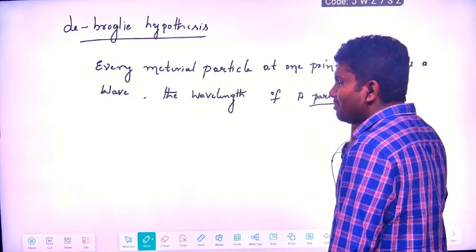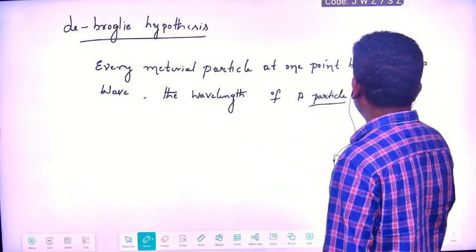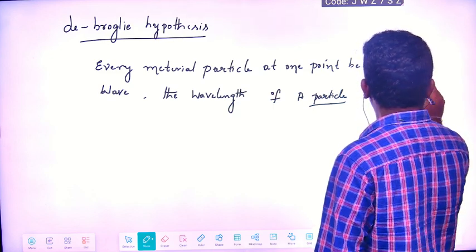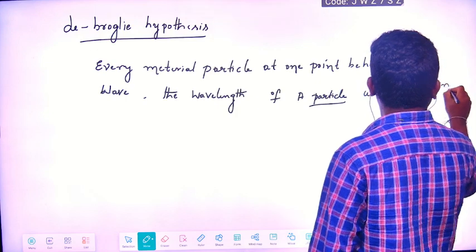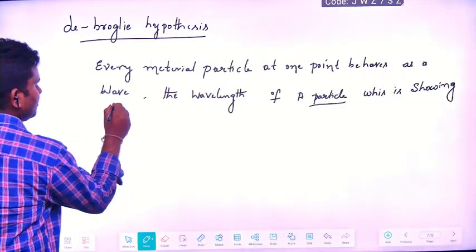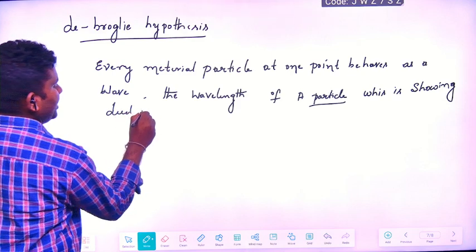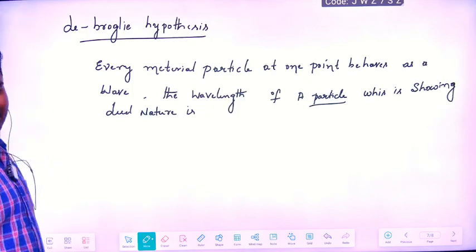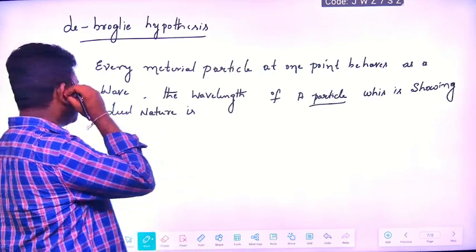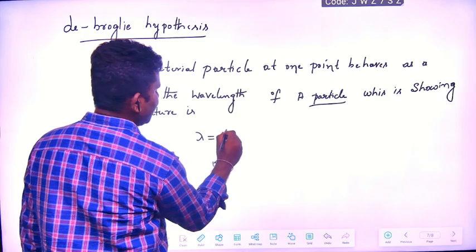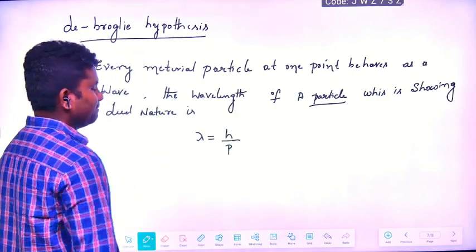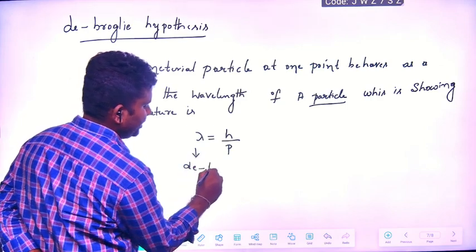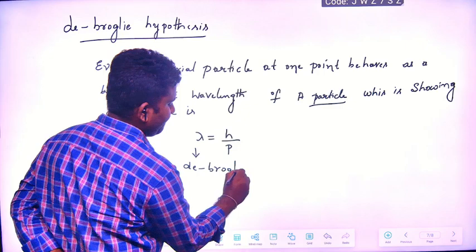So for this matter, a material particle, the wavelength of that particle which is showing dual nature is given by lambda equals h by p, where lambda is called the de Broglie wavelength.